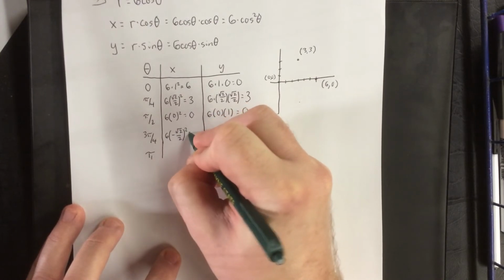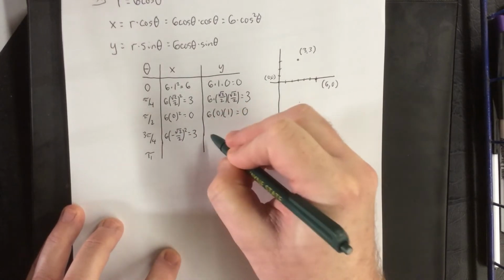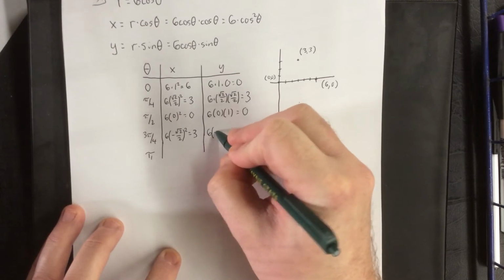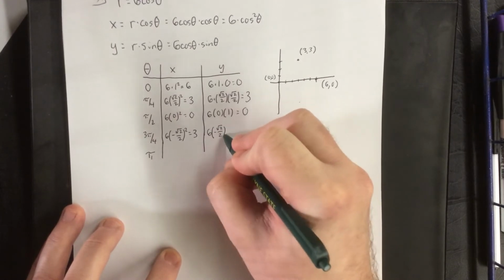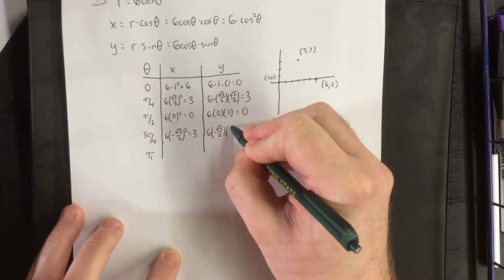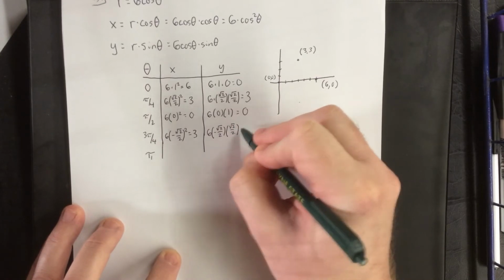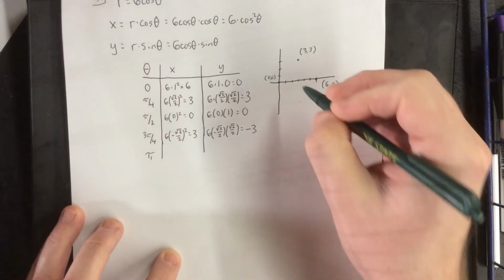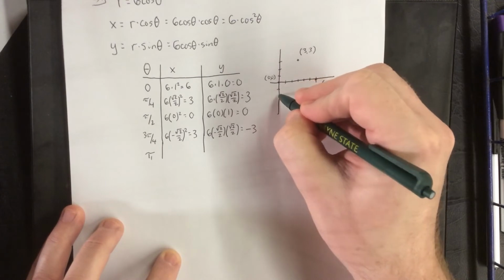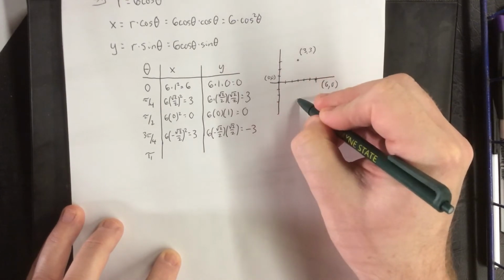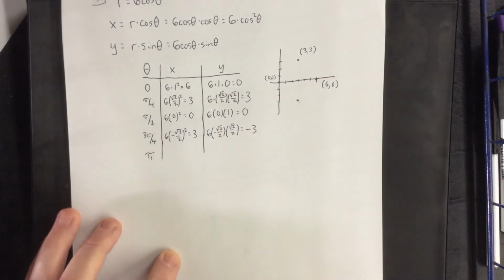We're still squaring it though, so we're going to wind up getting positive 3. For y, we'll get 6 times the negative root 2 over 2 times the sine of 3 pi over 4, which is positive root 2 over 2, which will give us a total of negative 3. So the x-coordinate is positive 3, y-coordinate is negative 3.